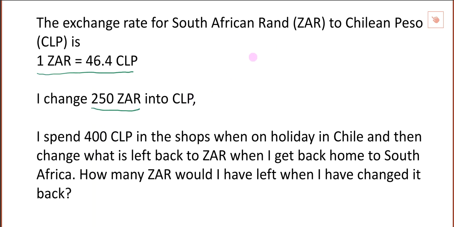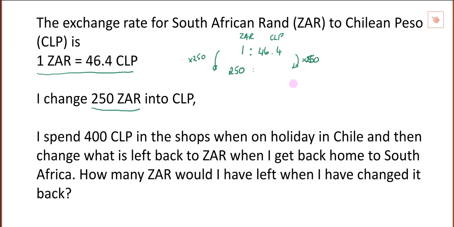So I'm going to write my 1 to 46.4. That's the rand, and this is the Chilean pesos. So if I've got 250, what do I do? Same as everything we've been doing. Let's multiply by 250.